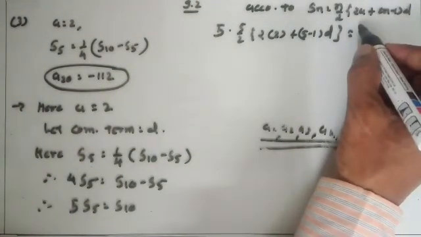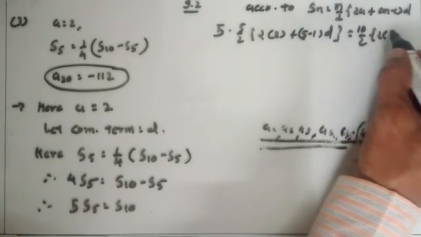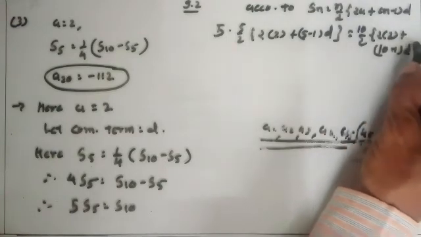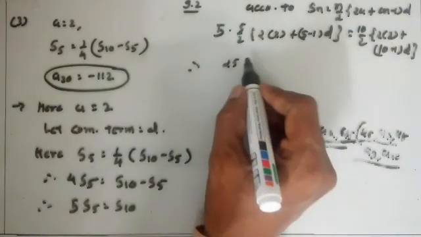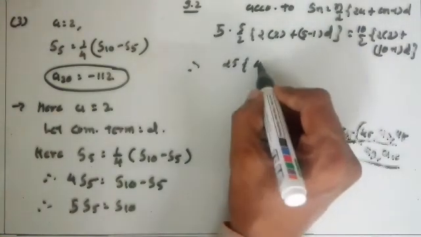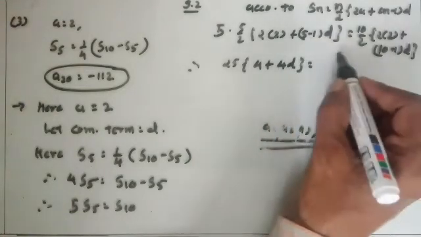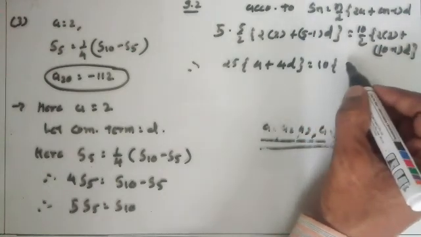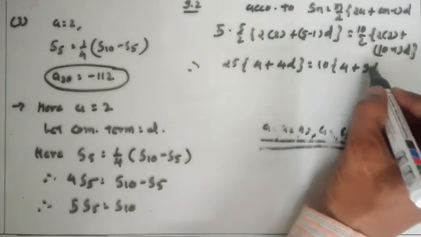S10 is equal to 10 upon 2, 2 into 2, plus 10 minus 1 into d. Here 5 into 5 becomes 25. From both sides 2 cancels. 2 into 2 becomes 4, plus 5 minus 1 becomes 4d is equal to, here 10 into 2 into 2 is 4, plus 10 minus 1, that is 9d.